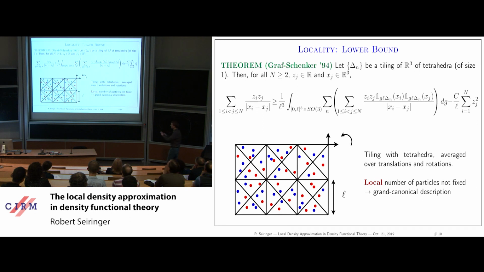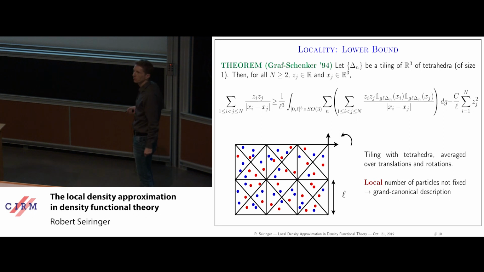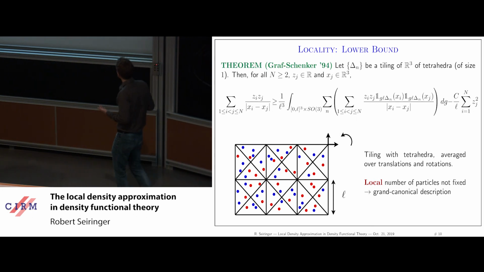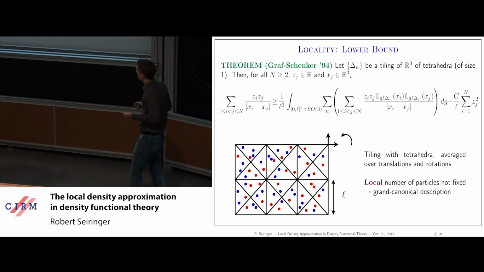So this is a quantitative version of screening as far as the lower bound is concerned: for every charge, you only have to look at the interaction with neighboring charges. Everything beyond the distance of order L, you can ignore, and you will still get a lower bound up to an error that you can control. So this in practice will give you a lower bound.